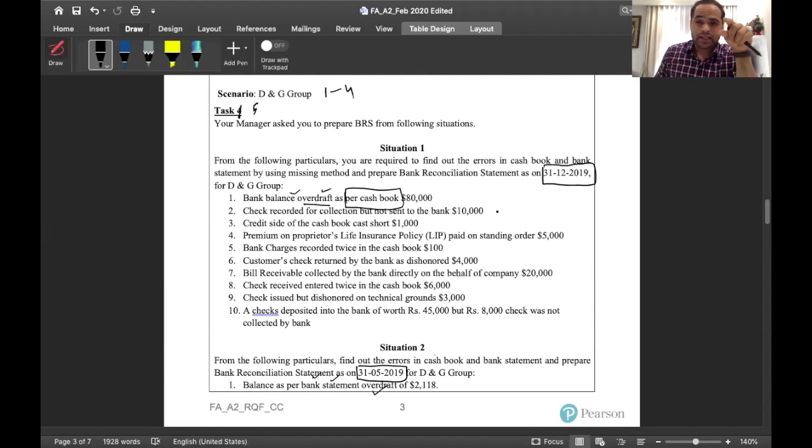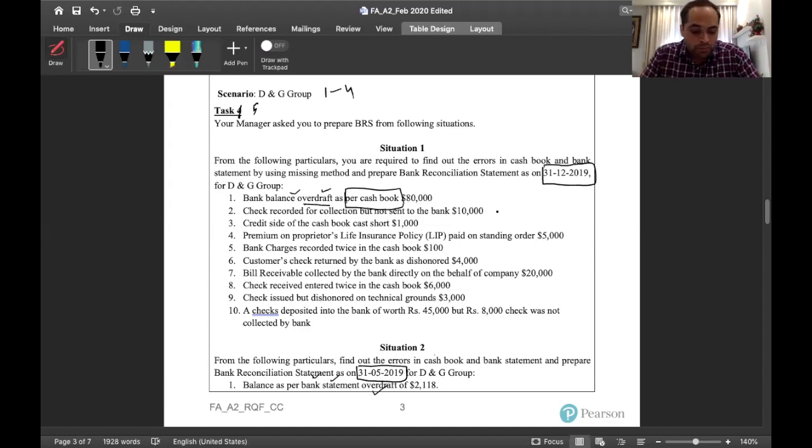You are going to tell me, one by one, what the impacts of these transactions are on the bank reconciliation statement, and then you will also prepare a cash account. We will do the bank reconciliation statement first because the cash account is very simple. Once you have the bank reconciliation information, we will make changes in the cash account.